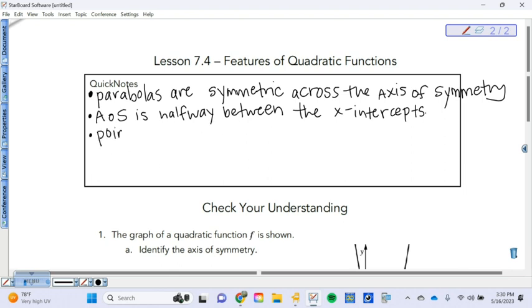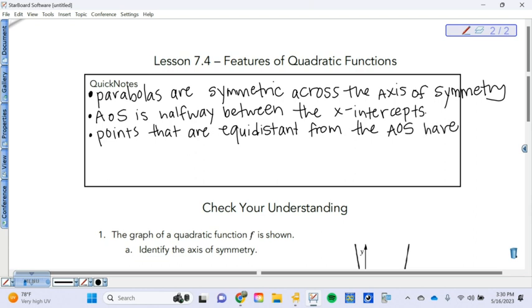And our points that are equidistant from the axis of symmetry have the same y value.